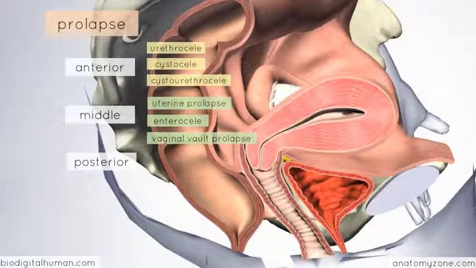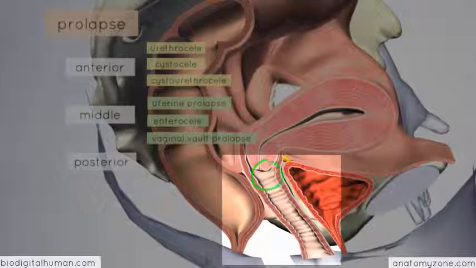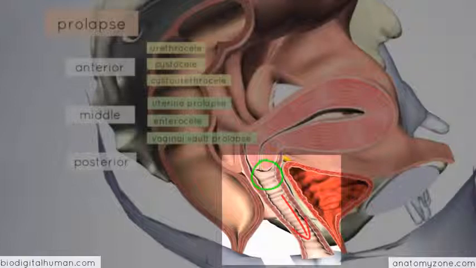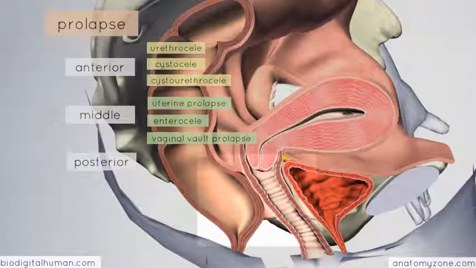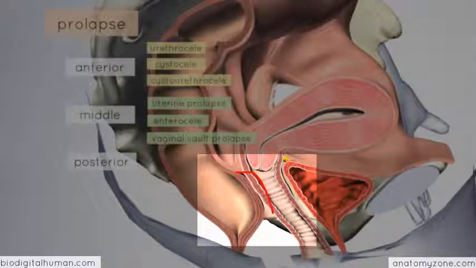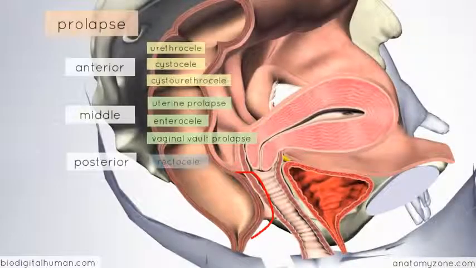This is something you get after hysterectomy, where the superior end of the vagina prolapses and you get inversion of the vagina. And finally, in the posterior compartment, as you may be able to guess, the rectum can protrude forwards into the posterior wall of the vagina, and this is called a rectocoele.